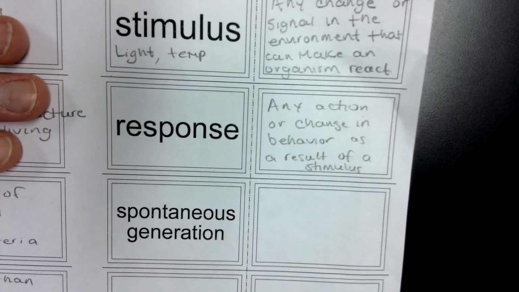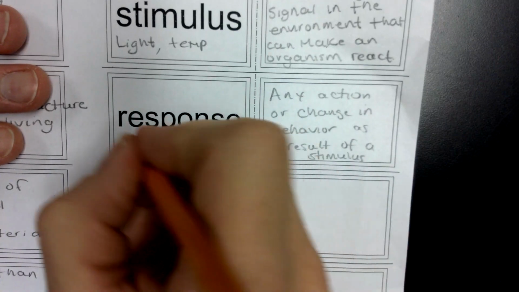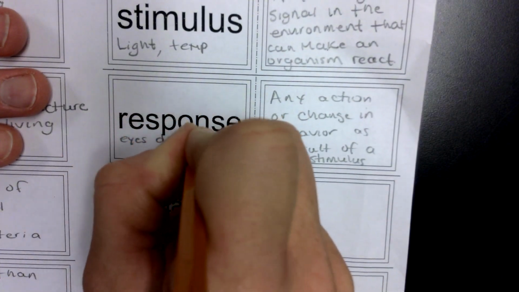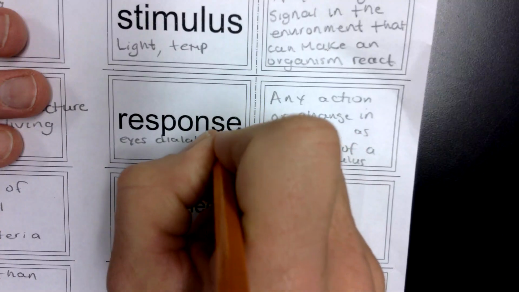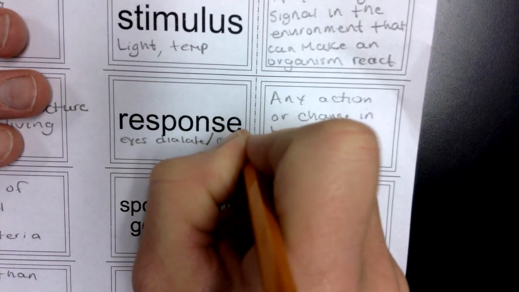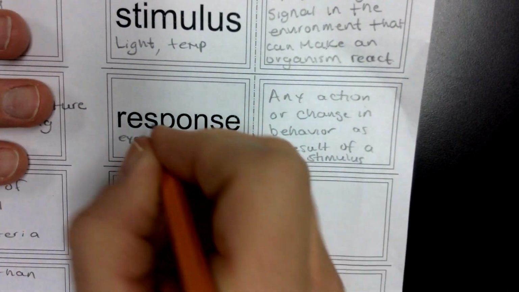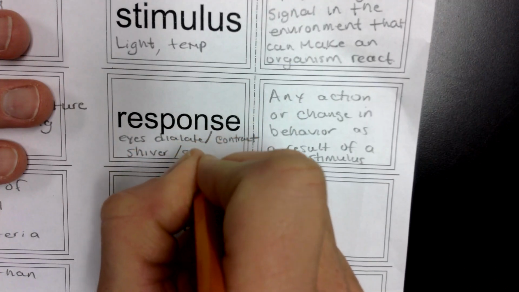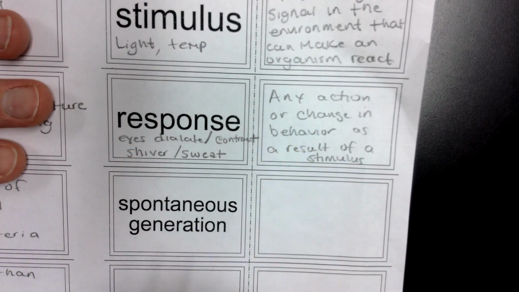So, for example, your eyes dilate or contract. Okay, or if you start to shiver or sweat, depending on how cold or how hot it is outside.